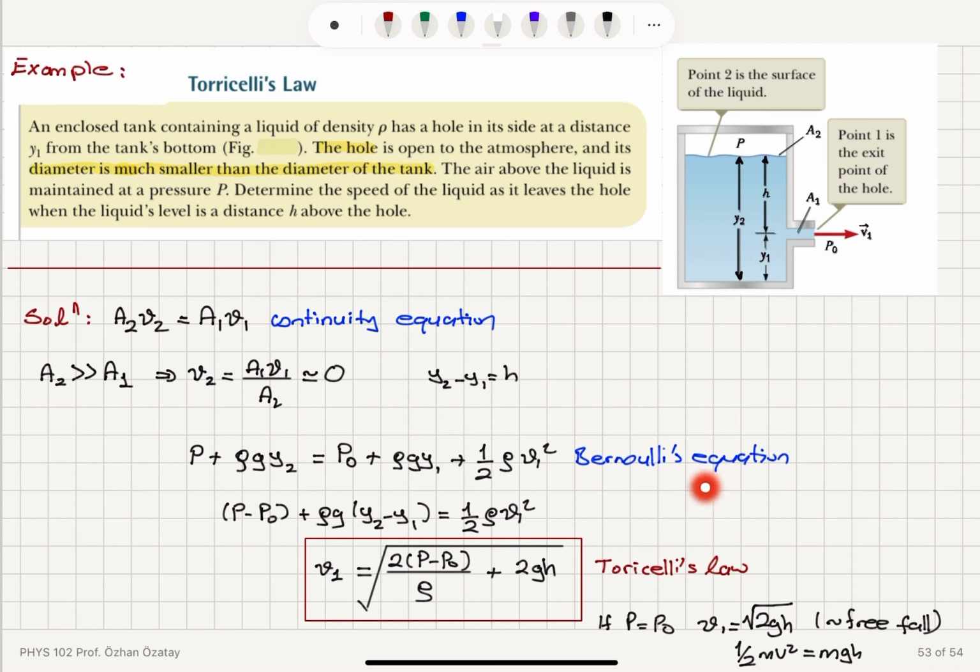And writing Bernoulli's equation, basically we can neglect V2, so we have only a potential energy term and pressure for these particles, but here we have both potential energy and kinetic energy terms, and this allows us to write the velocity of the particles leaving the hole. So the speed of the particles as they leave the hole will be given by Torricelli's law. And if the pressures are the same, then this just turns into basically potential energy, mgh, turning into kinetic energy, 1/2 mv squared. That's a free fall.